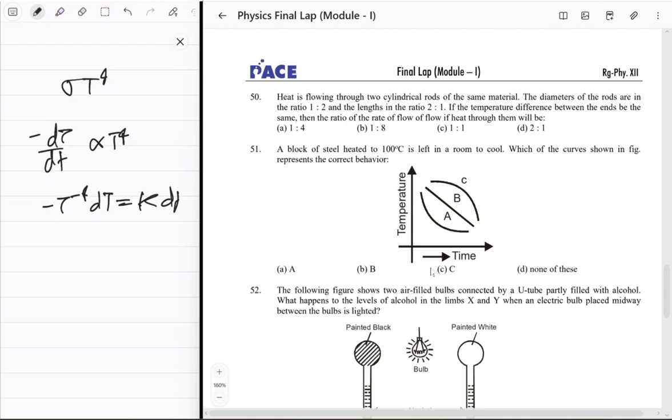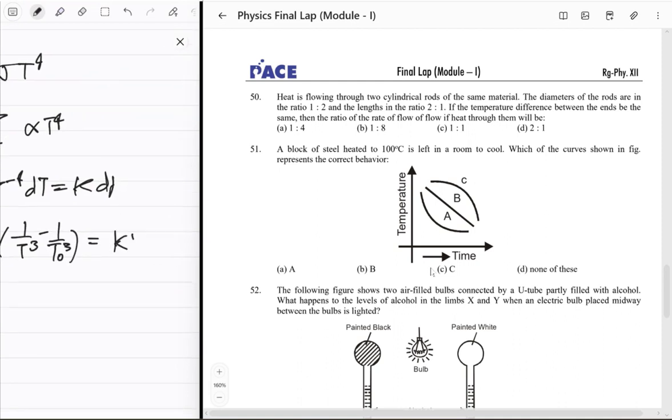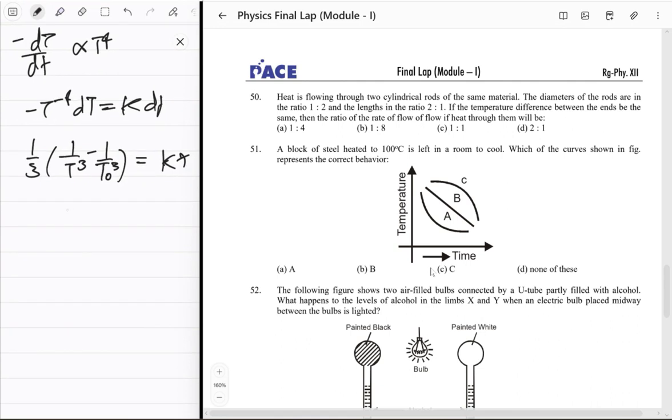T power -4, oh we want to integrate, sorry, divide by -3, so 1/3 and then you get T power -3. कॉन्स्टेंट में आ ही जाएगा whatever, and then 1/T cube minus जो भी इनिशियल था 1/T naught cube is equal to k times t. Okay, so 1/T cube is something like mt plus c, you can say. That's time. So T cube is equal to 1/(mt plus c), some kind of linear function and then your time.